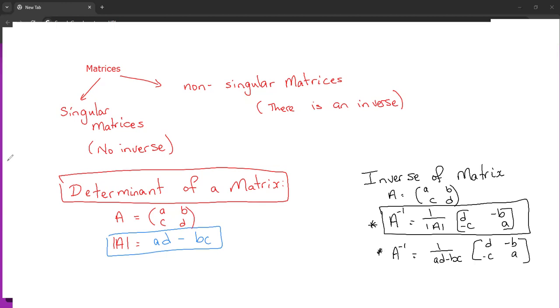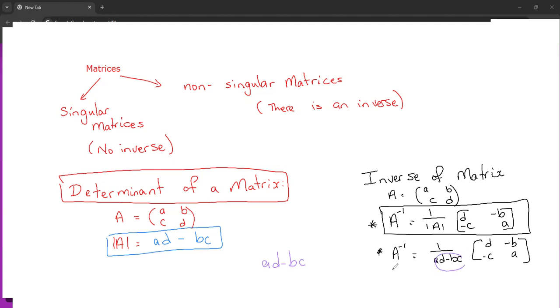Now, we know that we cannot divide a number by 0. If you do it, you're going to get an error, or what is known as undefined. Even if you try it on a calculator, it's going to show you an error. Now, what happens if ad minus bc is 0?